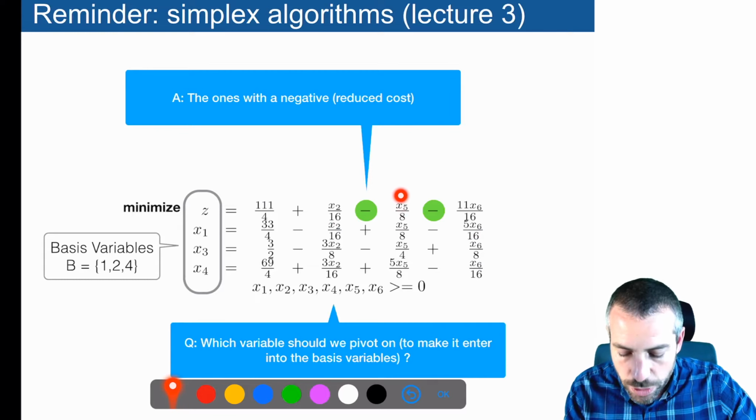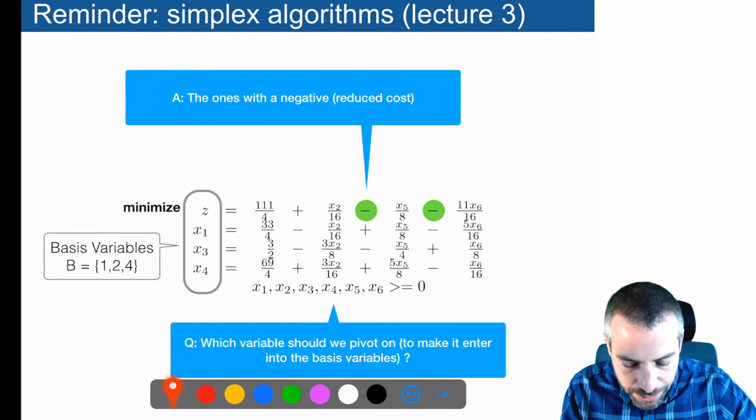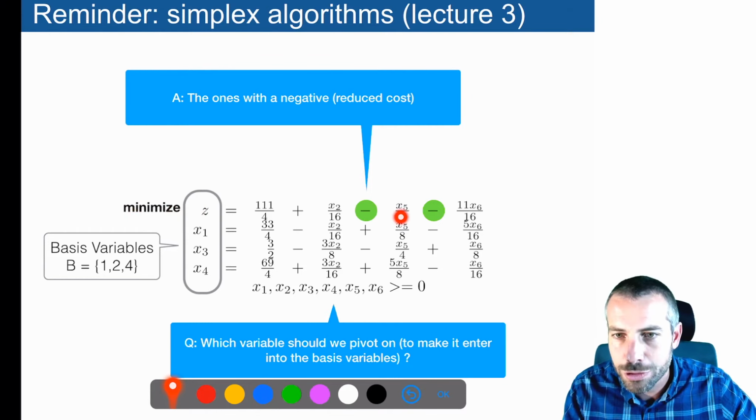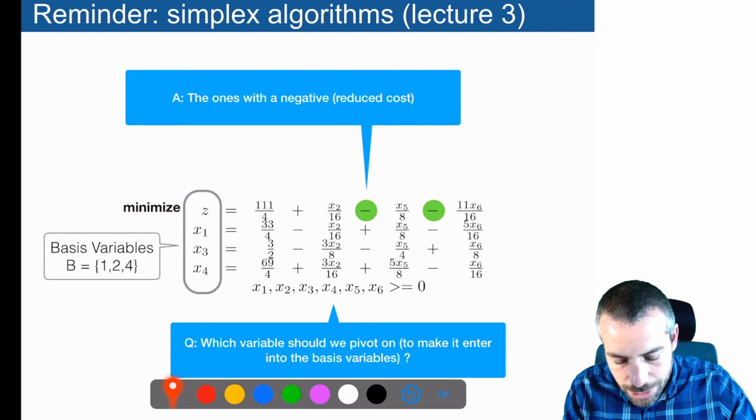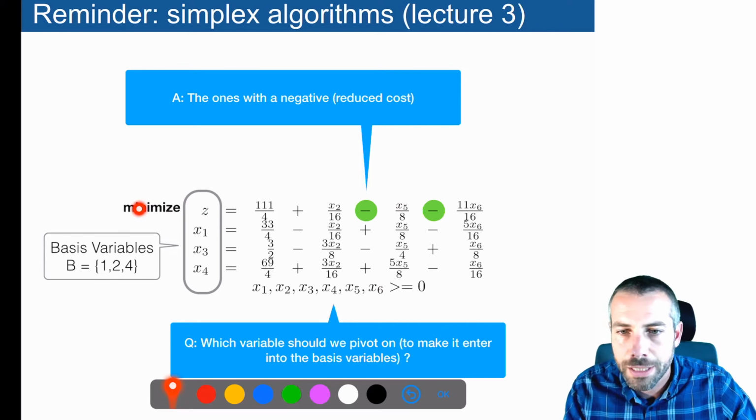And so we were trying to put that one to a positive value to increase the value of x5. And this was called the pivoting operation. And if you minimize an objective function here, this one was considered as interesting to be introduced as a basic variable only if the coefficient in front of that variable in the objective is negative, okay? And so if you do that and if you increase the value of x5, you will decrease the objective function, which is interesting overall for your problem, okay?